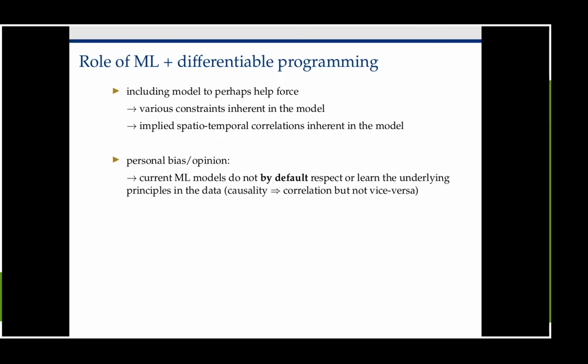My personal bias is that the conservation part is very important for us, particularly for physics, because we know there are certain physical laws these things have to satisfy. I would say current ML models do not, and the important thing is that by default they don't respect the underlying principles in the data, and there's no reason they should.